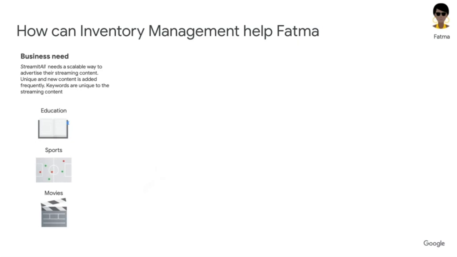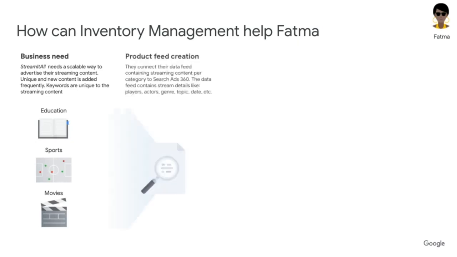So let's take a look at some of the things that we can highlight from inventory management that can help her. The first step is the product feed creation, right? So here it's important that Fatma thinks about what are the aspects of my products or my services that are important to include in my marketing activity, and I want to make sure that I have that available in my feed. Things that dynamically change and that I can update should be included there.